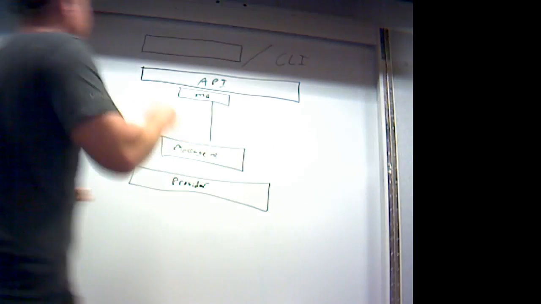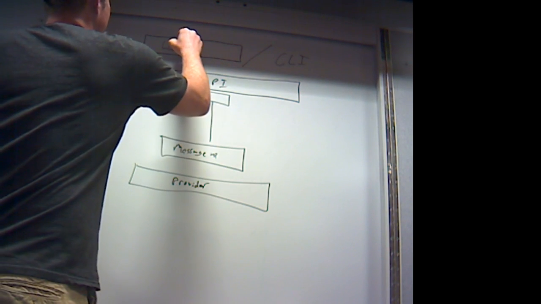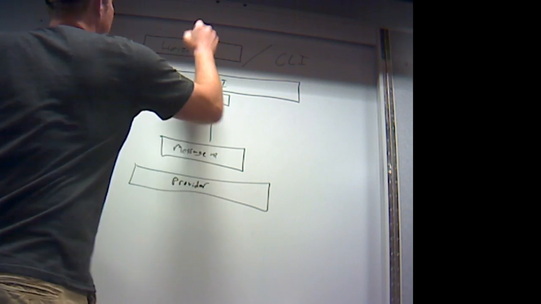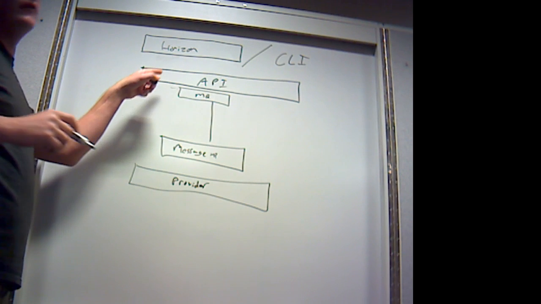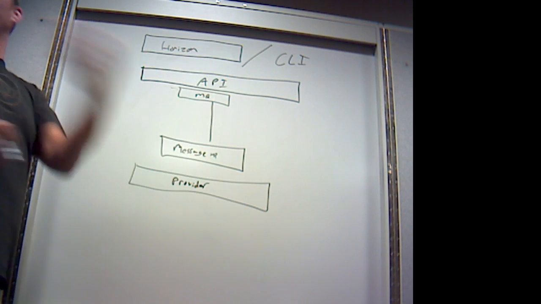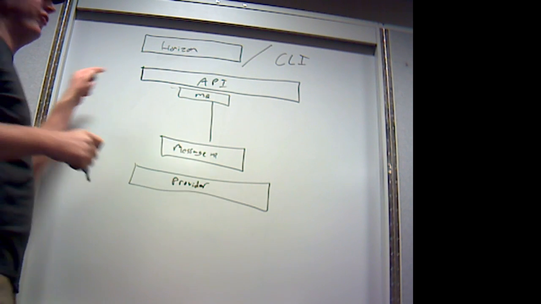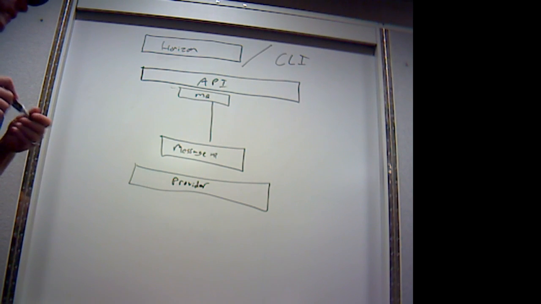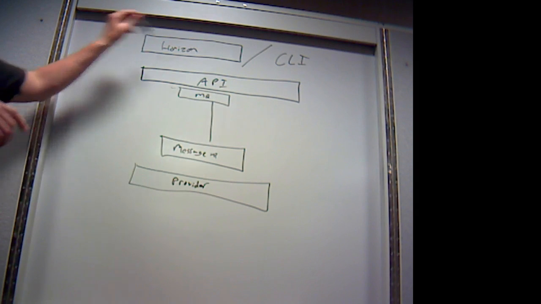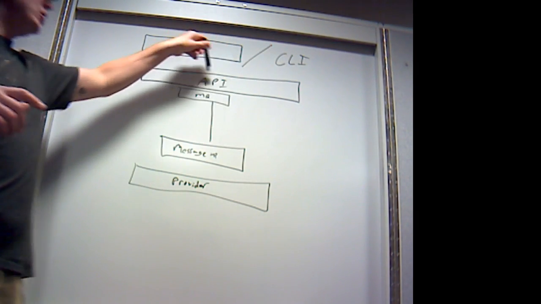So, this is Horizon. If you do anything in Horizon or the CLI, they both talk to the APIs. That's exactly what Horizon does, it just makes API calls for you. It's not sidestepping any bit of this process. Everything that happens within OpenStack will either come from Horizon or the CLI to talk to the API.